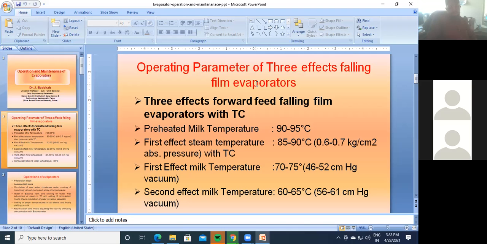For large capacity plants, we handle milk of about 50,000 liters per day to about 1 lakh liters per day in a powder plant to convert raw milk to powder.